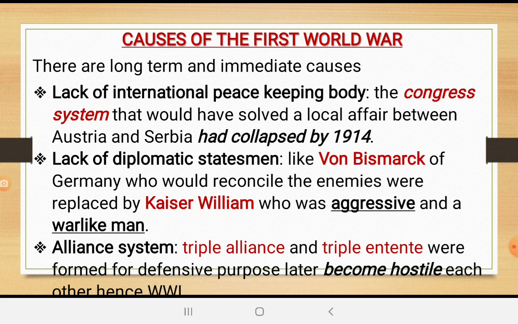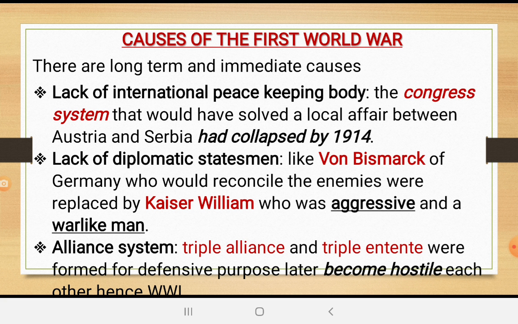Let me remind you that international peacekeeping body is an international organization responsible for resolving conflict, responsible for preventing conflict, responsible for preventing terrorism and other criminals.